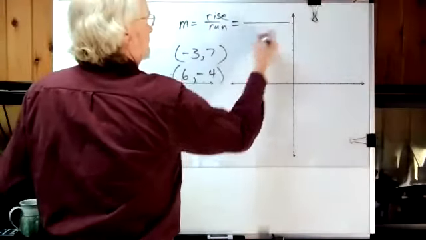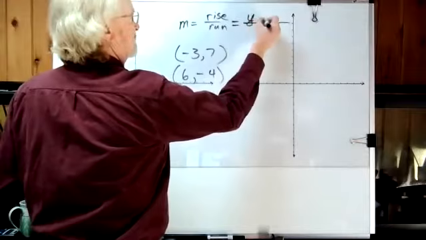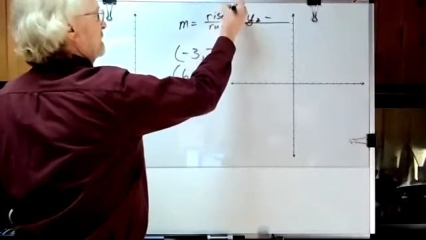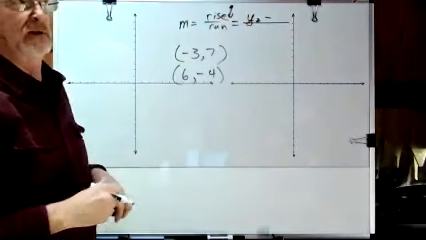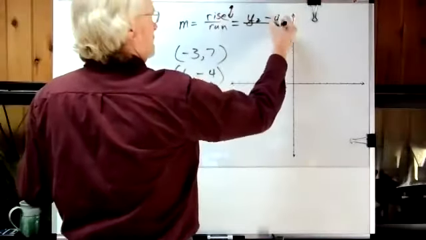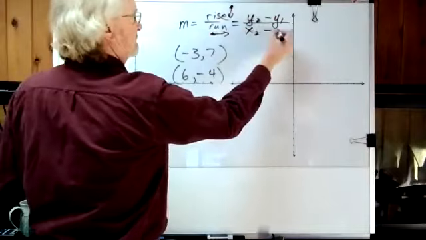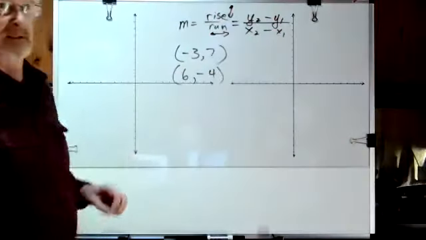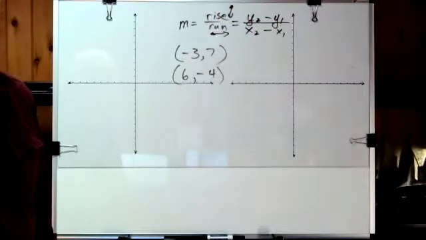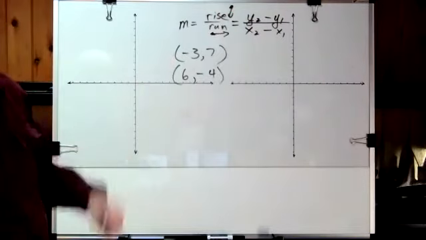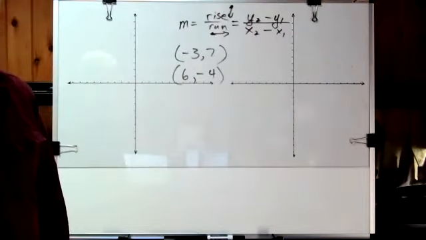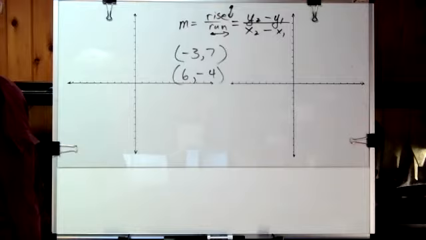The difference in the y's is the rise, right? Rise is up and down. That's the change in y. Versus the difference in the run, or the change in x's. You got to know this formula in your head, how to use it, how to find the slope if you just know 2 points. We did this a couple times now just to practice.